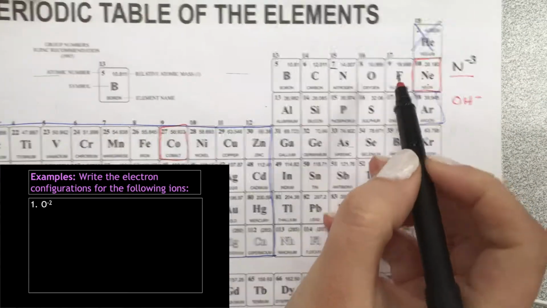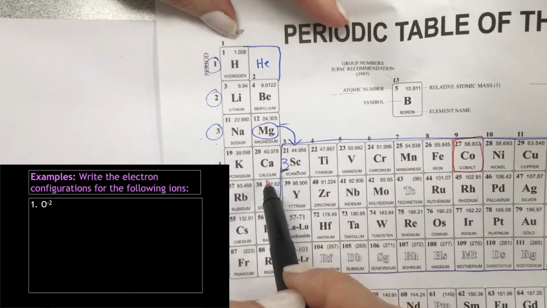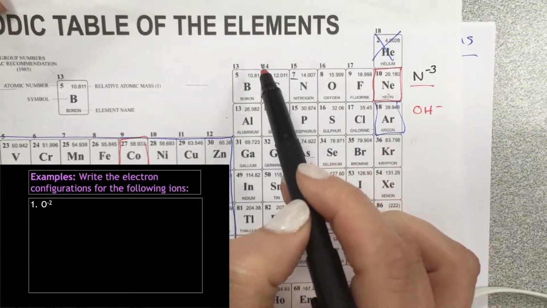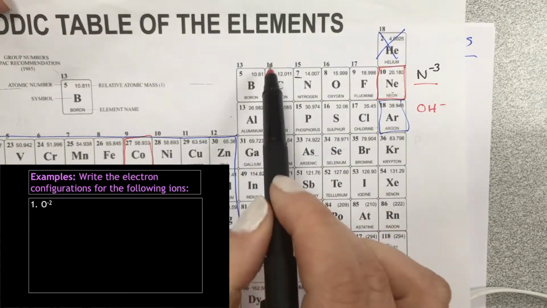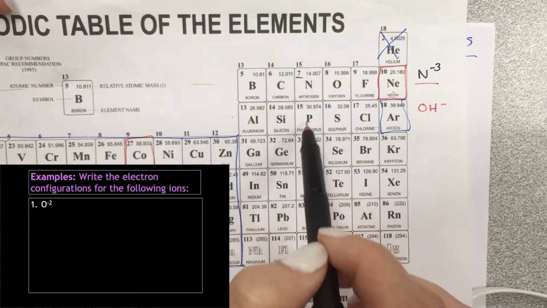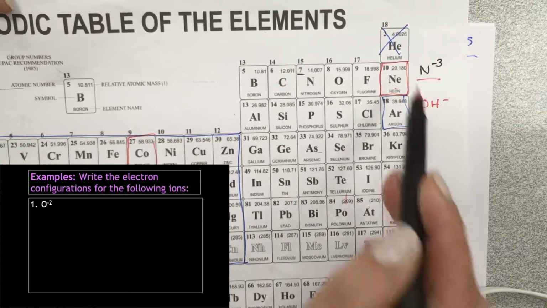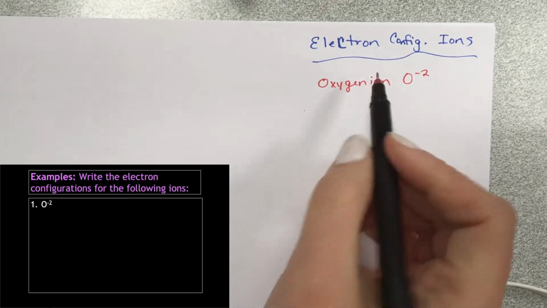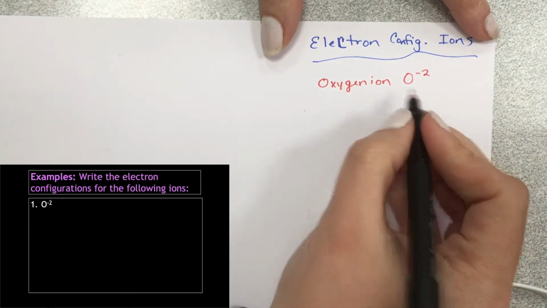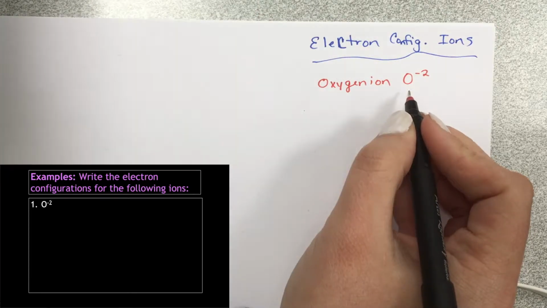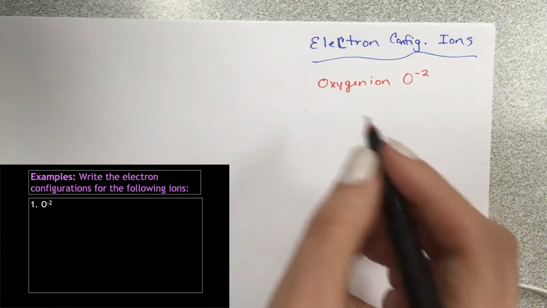You'll notice this has a +1 charge, +2 charge, +3 charge. And then the carbon family has a plus or minus 4. Group 15 has -3, -2, -1 charge, and then these are neutral. All right, so oxygen with a -2. How I like to do it, I like to first do the neutral electron configuration first.